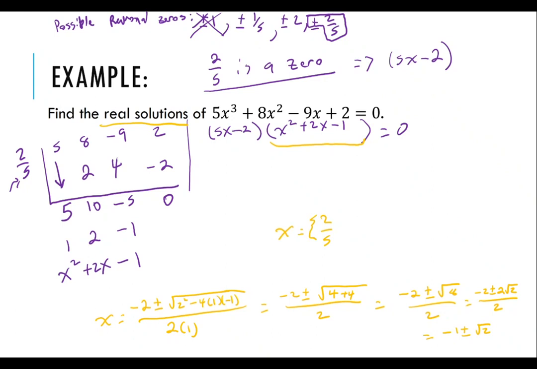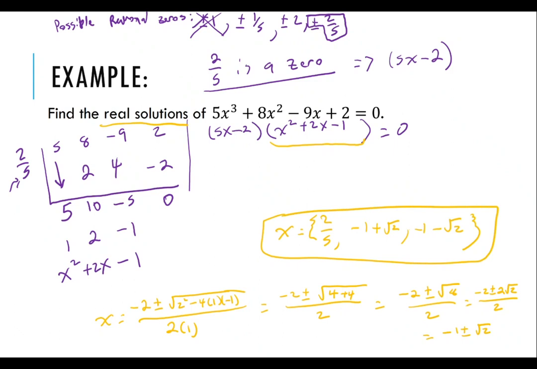All of my real solutions are 2/5 and -1 plus root 2 and -1 minus root 2. These are all of my real solutions. Now, for the sake of this, let's just make sure we realize how this could be written completely as factors.